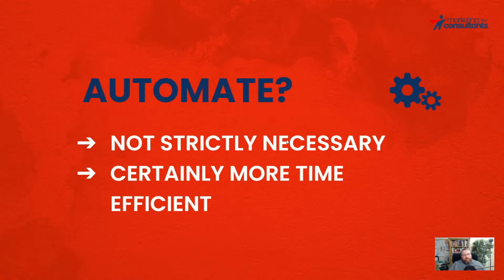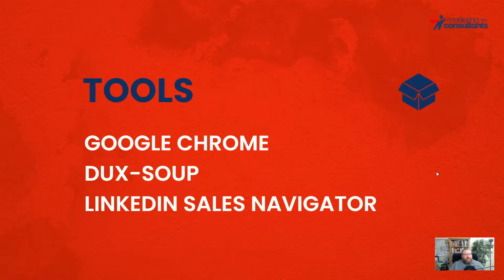I was automating it. It's not strictly necessary to automate it, but you can be much more time efficient if you are using automation. And if you are using automation, the tools that you can use are Google Chrome browser with the Duck Soup plugin, and LinkedIn Sales Navigator is required. That's because the professional LinkedIn has the search features.